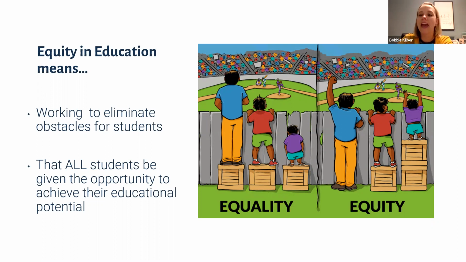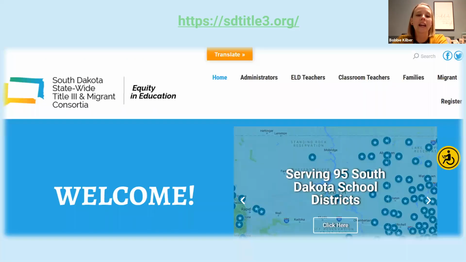We look more for the equity. We want all students getting what they need in order to succeed. We want all students to be given the opportunity to achieve their potential. They might need different things. And we're here to support teachers in their busy classrooms so that we can help get these students what they need.